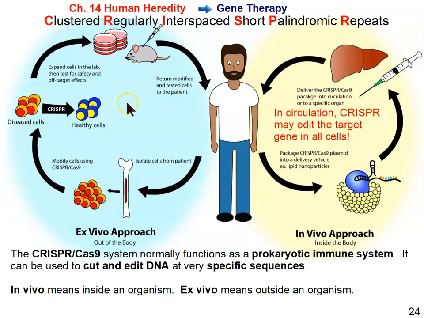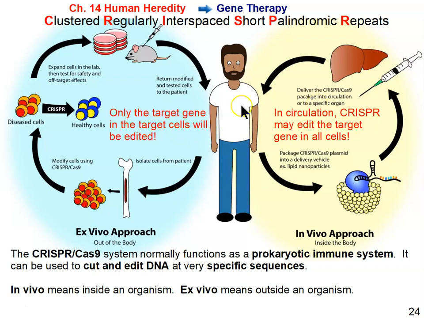And then on the other hand, by removing the cells and genetically engineering the cells outside of the body, only the target gene in the target cells will be edited. And, in the case of in vivo, it's possible that other genes might be affected, accidentally edited, and that can even lead to things like cancer or cause other problems.